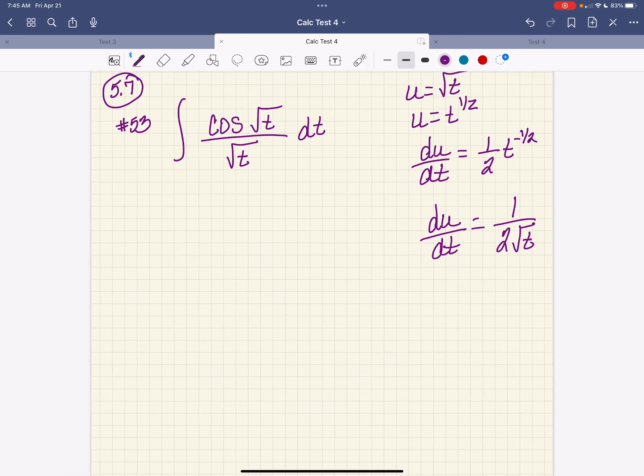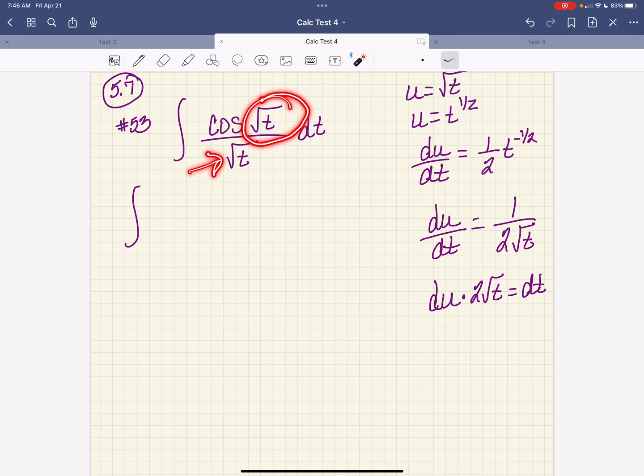Now I'm going to solve for dt. I end up with du times 2 on the square root of t equals dt. Now I am going to rewrite this and put my u in here, but not in the denominator.